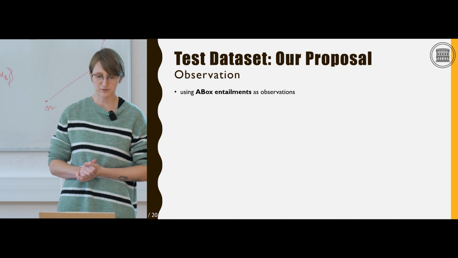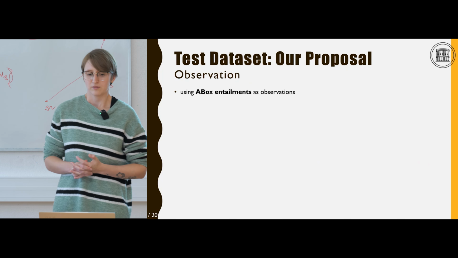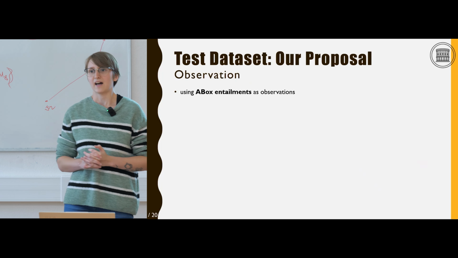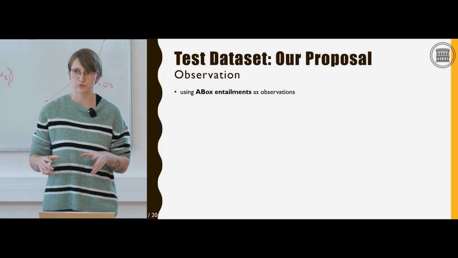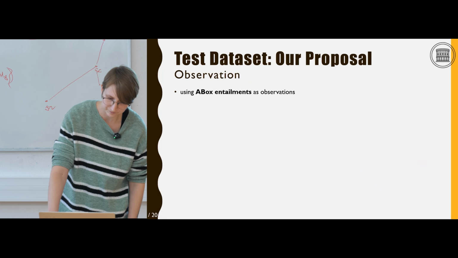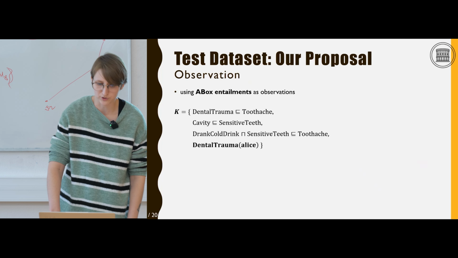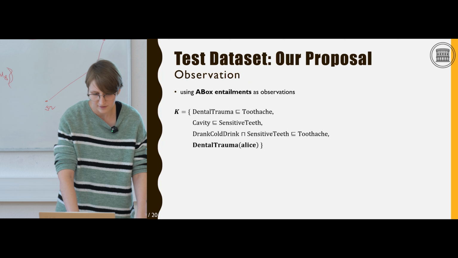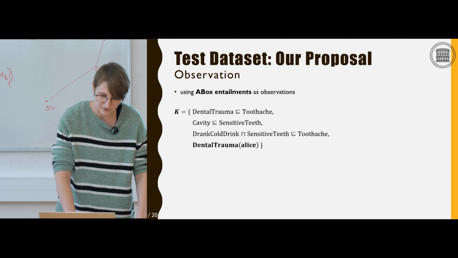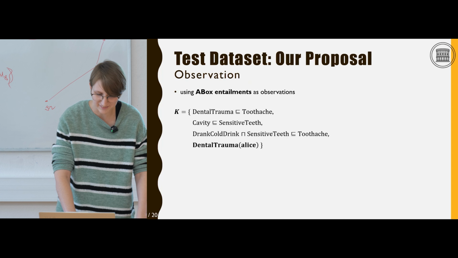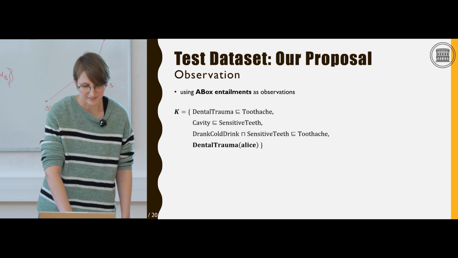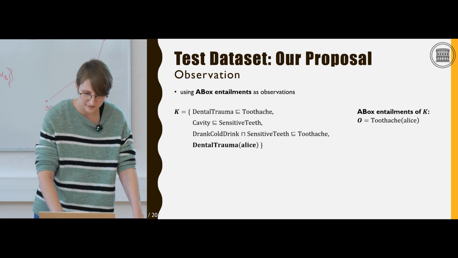Okay, so now for the observation. As I said, we do not really want to take axioms directly from the ontology, but what about using entailments? I will show it on an example. So we have our ontology with two toothache causes, but we add this new axiom that says that Alice has dental trauma.